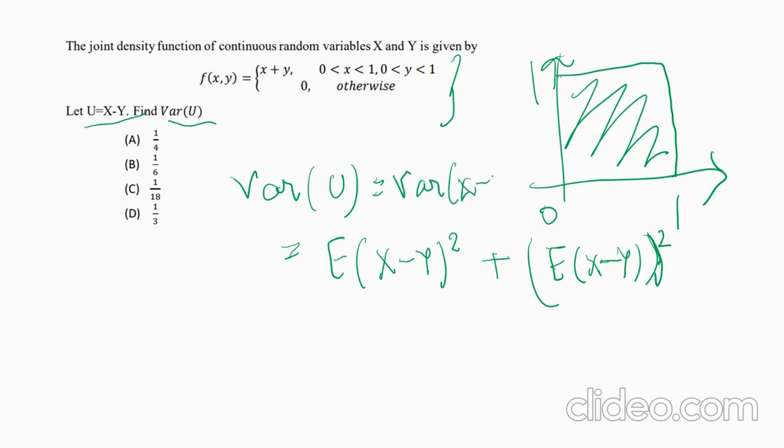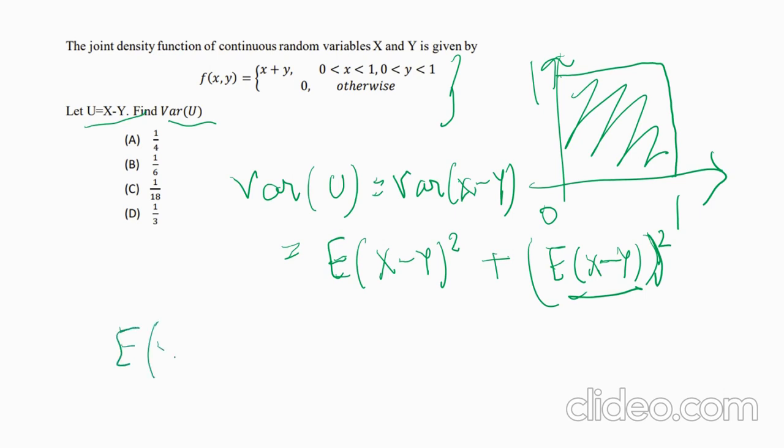Because U is what? Variance of x minus y. Okay. So this one is expectation of (x minus y) whole square. This one is expectation squared, so this is mu, and this is the second moment. So firstly we need to find the expectation of x minus y.